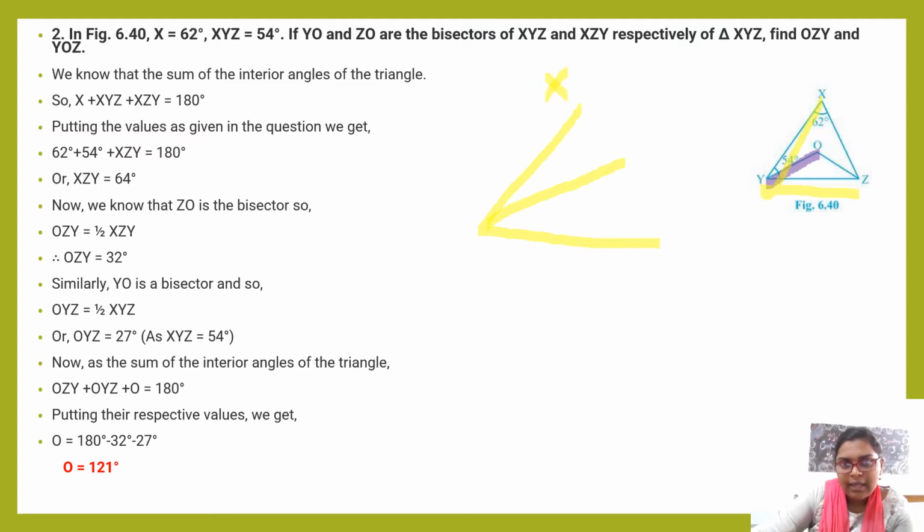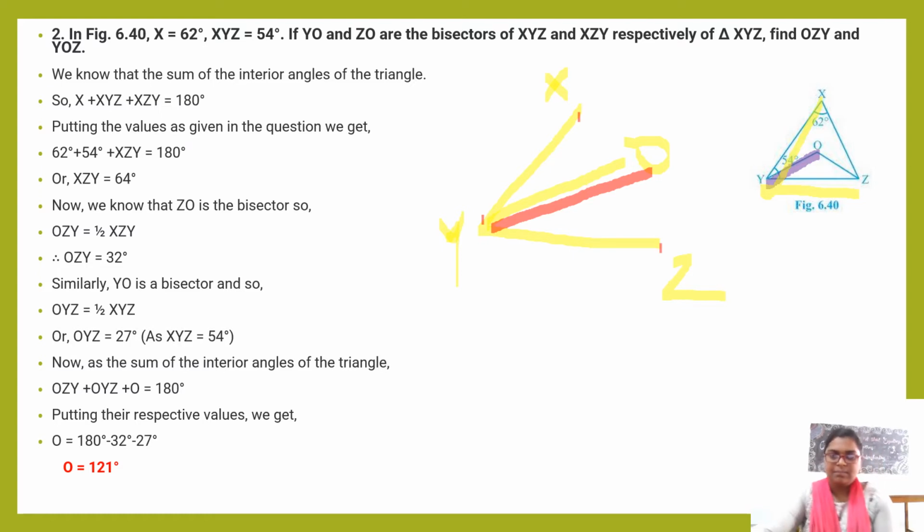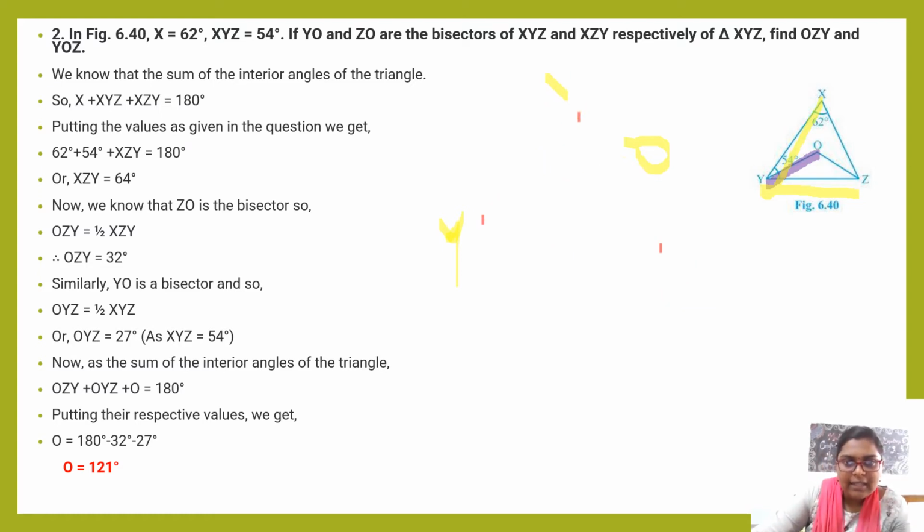This is your X, this is your Y, this is Z and this is O. So this YO is the bisector of XYZ. Likewise, we have another one. What is the other one? ZO.